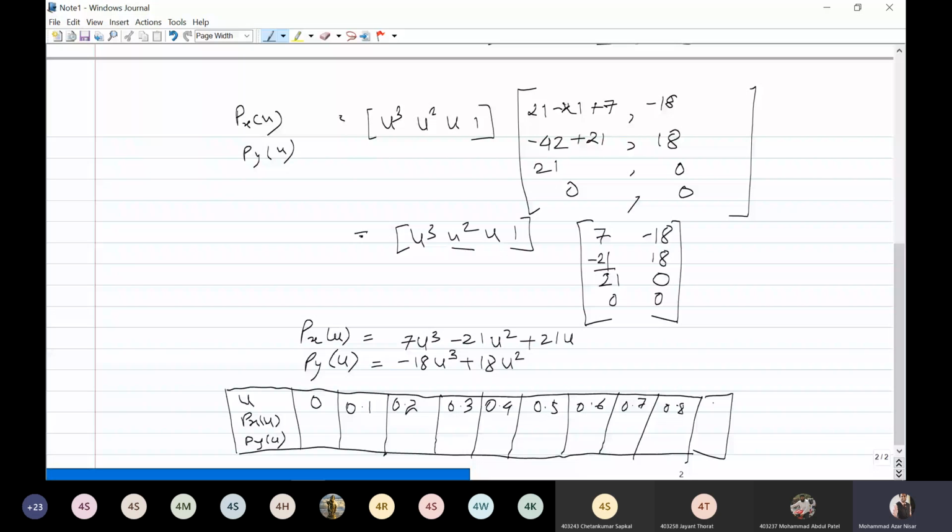I will directly write the answers. For x, instead of u you use 0 for the first. Then for the next one, use 0.1 in equation number 1. Suppose this is your equation number 1, and this is equation number 2. In this way, you have to find the answers. So this will be 0, 0, then 1.89, 0.6. So in this way, you have to complete all the points.